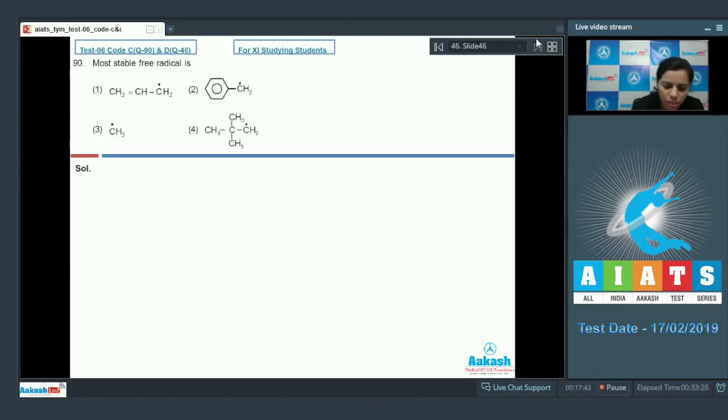Let's take last question. Question number 90. Most stable free radical is. In these given free radicals, I'm just arranging them in the correct order of their stability. If we talk about this CH2, CH, CH2, this is most stable. After that, there is the turn for this free radical.